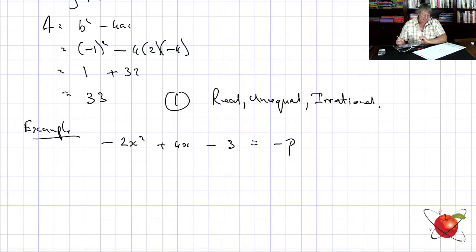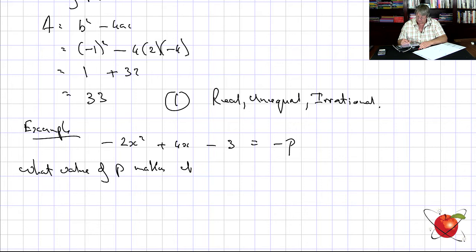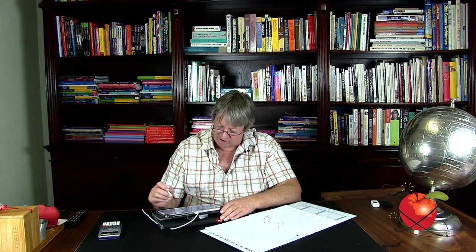All right? And they say, what value of p makes the roots non-real? These are discriminant questions, correct?